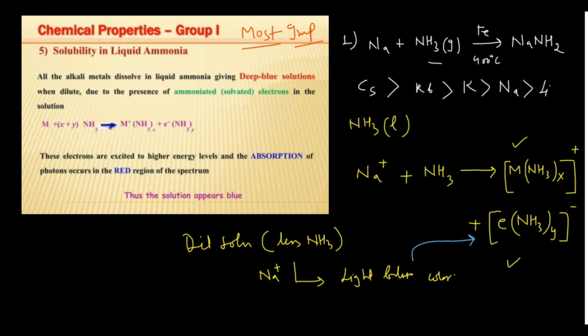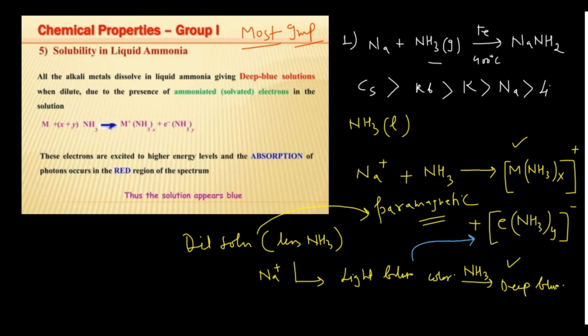But if you keep on adding ammonia and increase the concentration, then the color would be deep blue. In dilute solution only one electron is there, so the solution is paramagnetic in nature. Please remember, because this free electron is there.